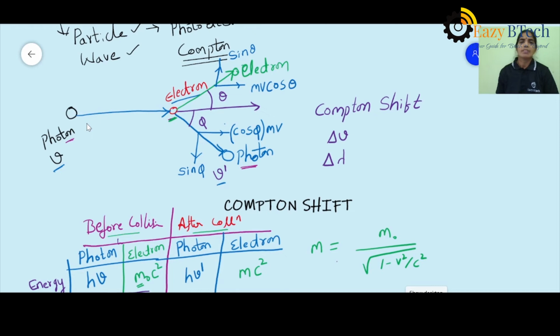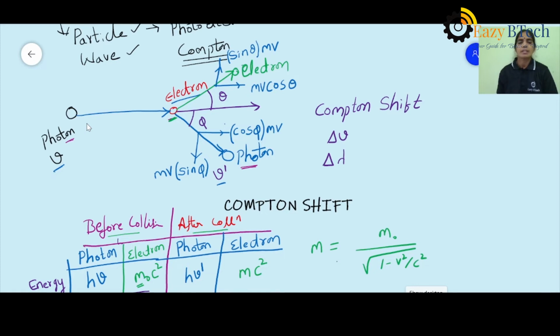Similarly, for the vertical component, it becomes mv sin theta for the electron, and for the photon, it becomes h mu prime by c sin phi. So now I will apply the conservation of momentum principle along the x-axis, and then I'll apply it for the y-axis and add these two to get the total momentum.